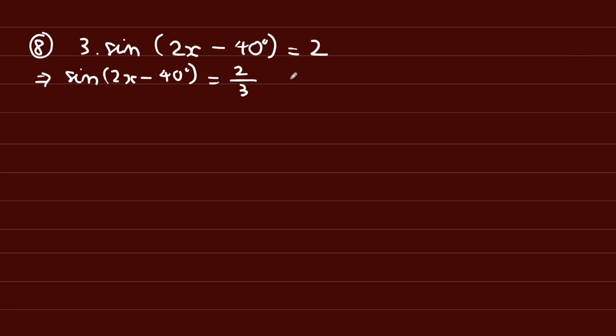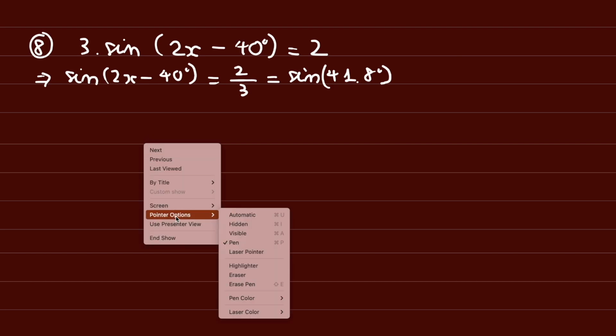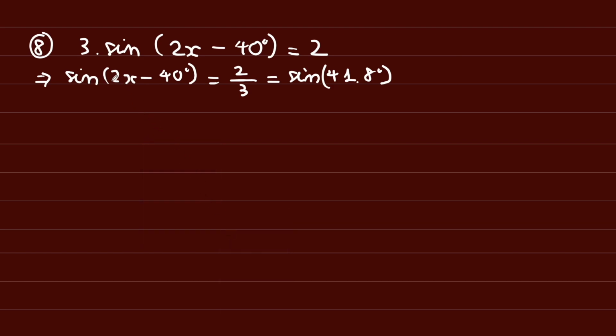For 2 over 3, we need to convert it to the angle. So the angle here, you will get shift sine, 41.8 degree. So the two angles on the two sides here are 2x minus 40 degree and 41.8 degree.